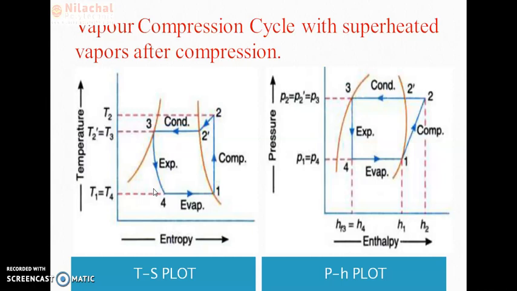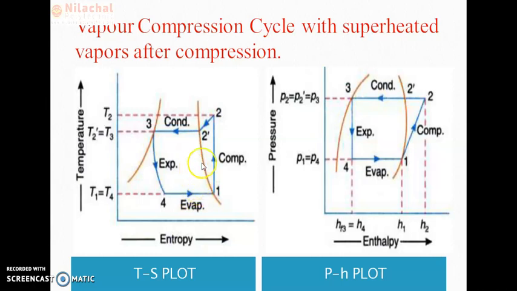The process names: from 1 to 2, that is the isentropic compression process; 2 to 3, the condenser process; 3 to 4, the isenthalpic expansion process; and 4 to 1, the evaporation or vaporization process. All the processes are the same as previously. Here, what is the difference from the previous figure?